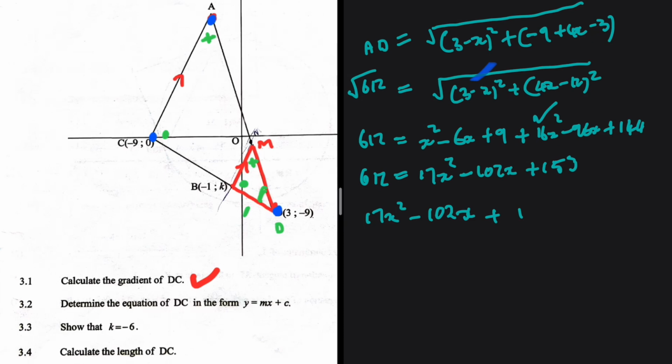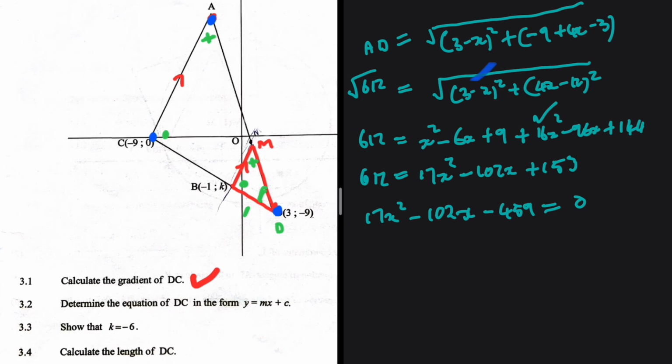I'm going to take my calculator. Clearly, I underestimated the problem. So we have 153 minus 612, which is minus 459, being equal to 0.